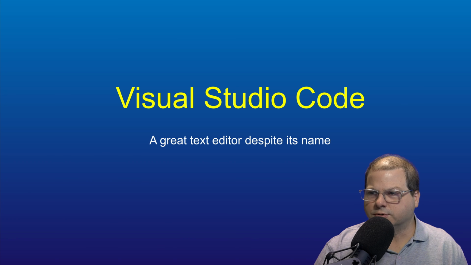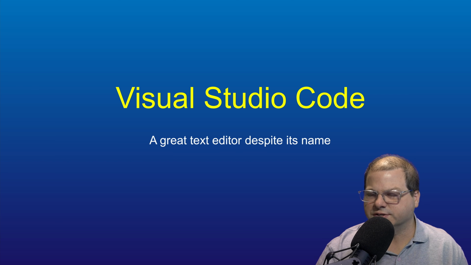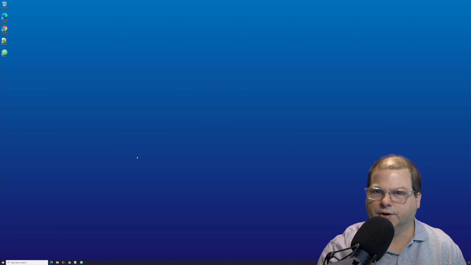Finally, probably my favorite text editor right now is Visual Studio Code. While Atom is great for hacking because it's infinitely customizable, Visual Studio Code provides a more comprehensive editing experience pretty much immediately. All right, let's bring up our web browser.